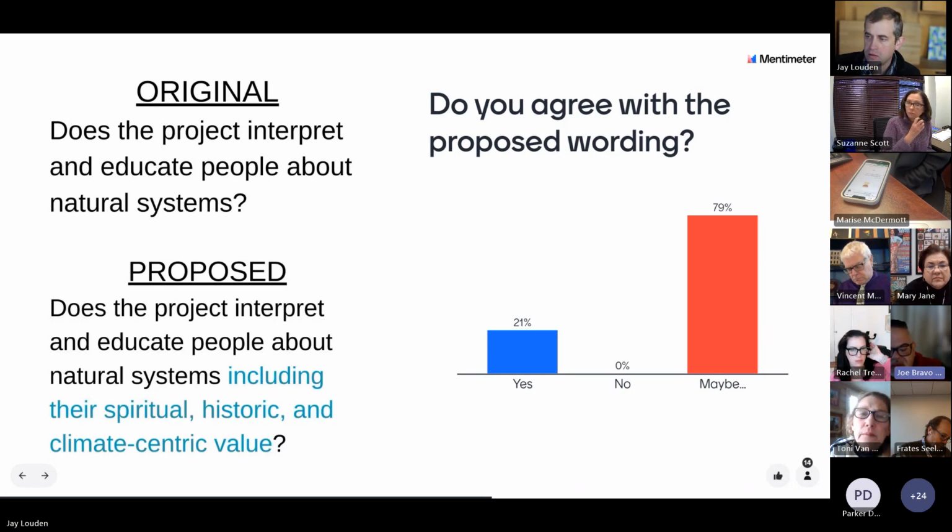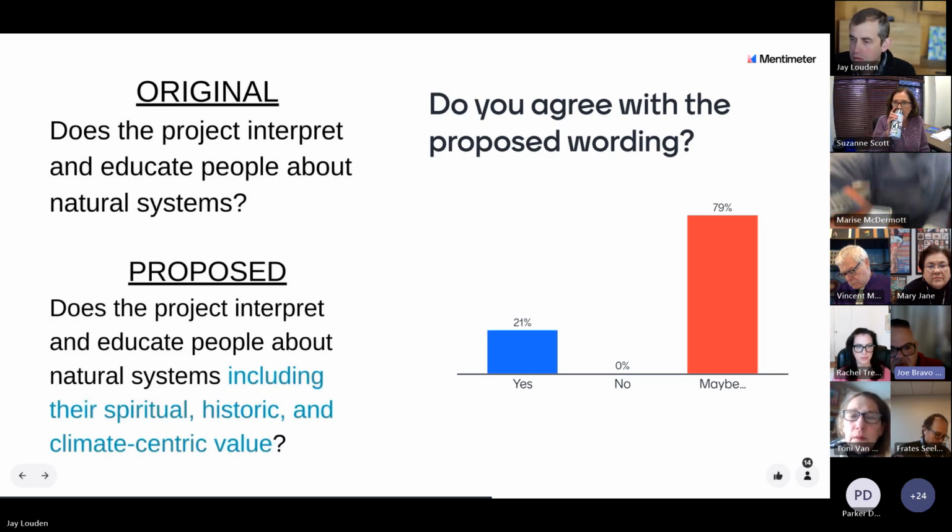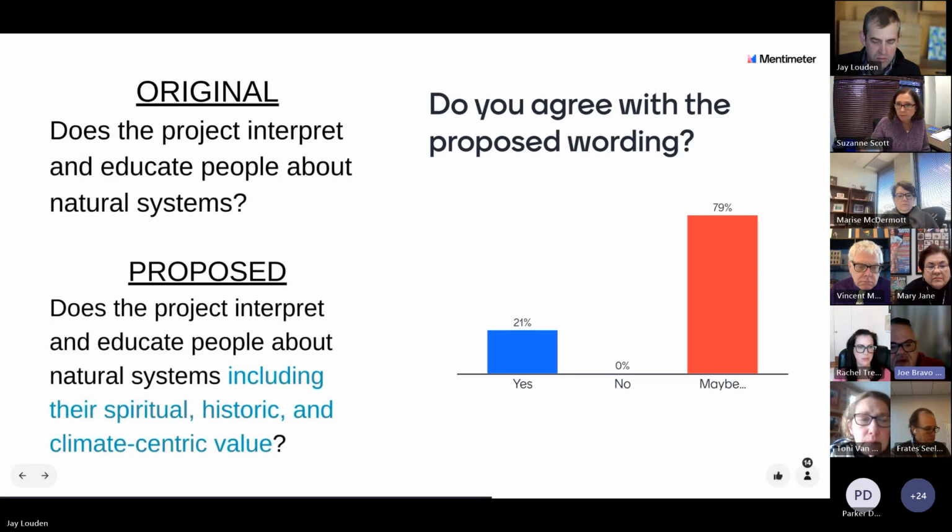Would we consider taking out natural systems and say, does the project interpret and educate people, including their spiritual, historic, ecological and climate, or something without saying natural systems, because that term is what made them stumble in our conversations.